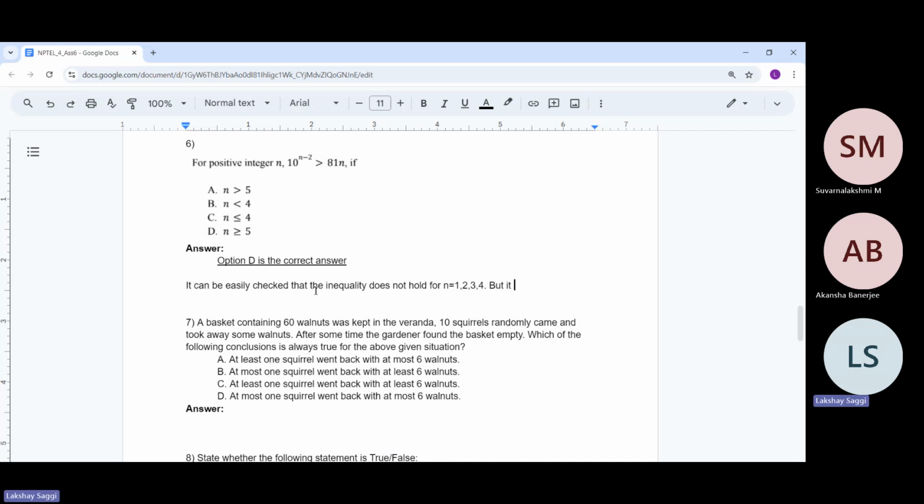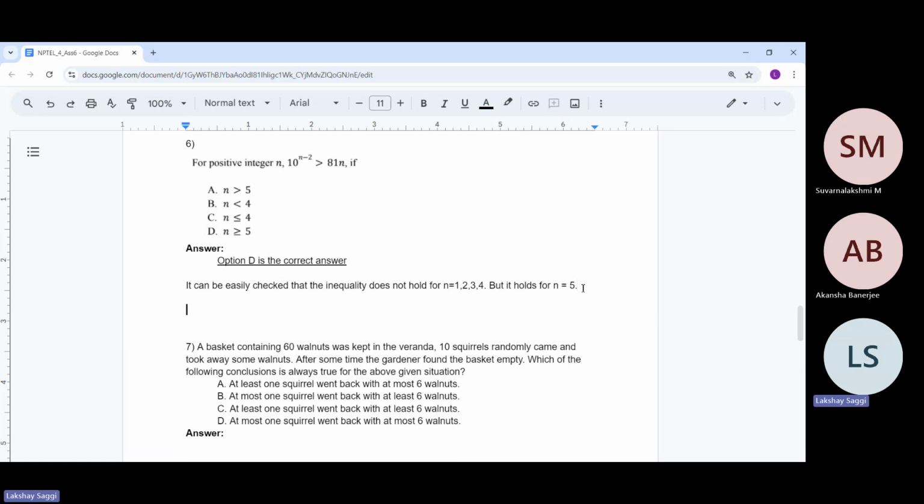But it holds for n equals 5, right? And we know that it holds for n equals 5. And now we will show that this holds for n greater than 5 also, not just for 5, but it holds for 6, 7, 8, 9, 10, for all positive integers n. And for this, we will be using induction to show that it holds for n greater than or equal to 5.